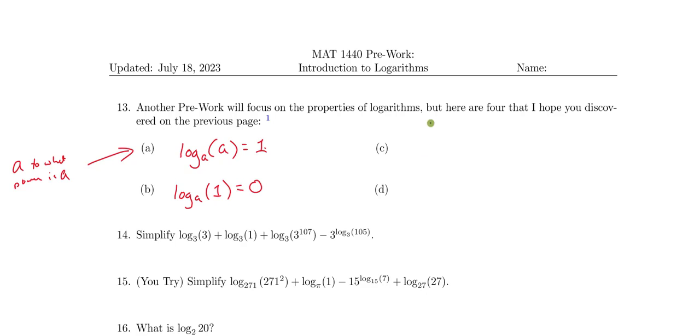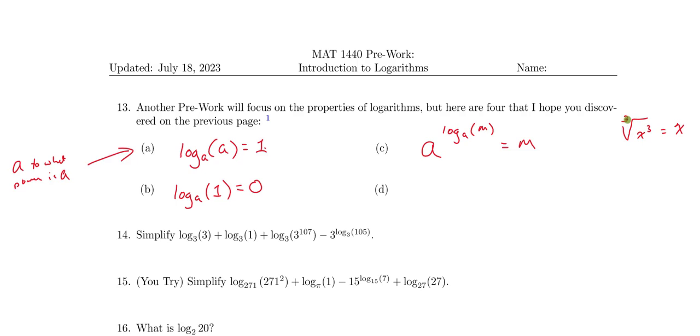The other two identities are the inverse identities, and one of them would be that if we have a to the log base a of a number m, that is just that number m. So the way you can think about it is this is very similar to if I take the cube root of x cubed, that the cubing operation and the principal real valued cube root, those are just inverse operations of each other, and we arrive at just the number x.